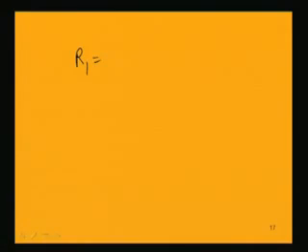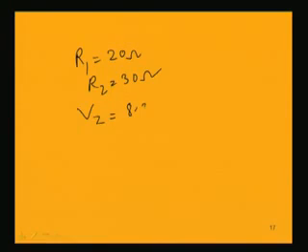So for example, if we take one case where R1 and R2 are given as 20 ohm and 30 ohm, and you are using a Zener diode having say 8.3 volt, what is the output voltage, that is, at what voltage is it maintained?